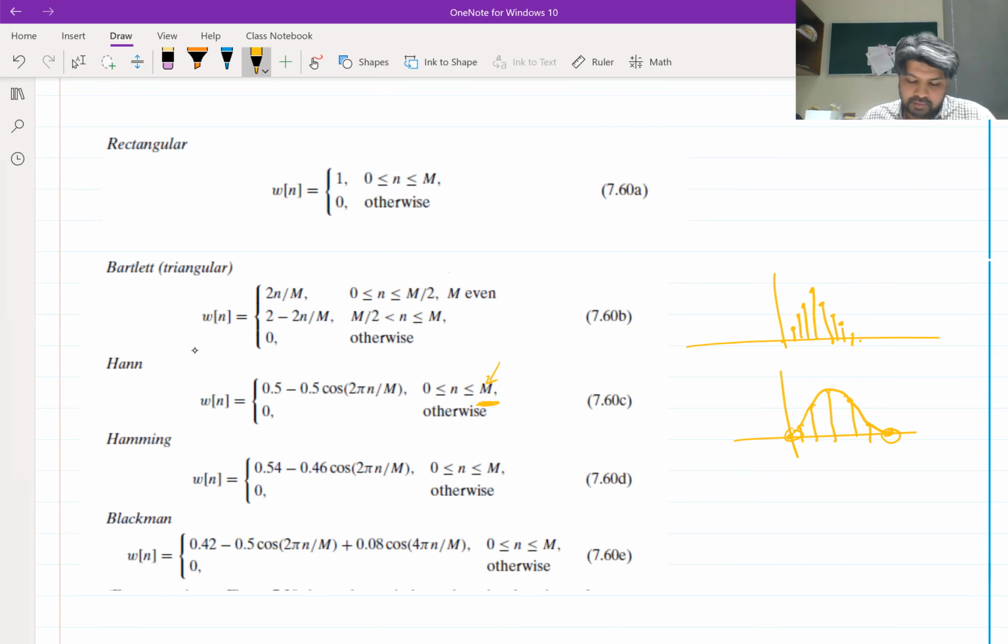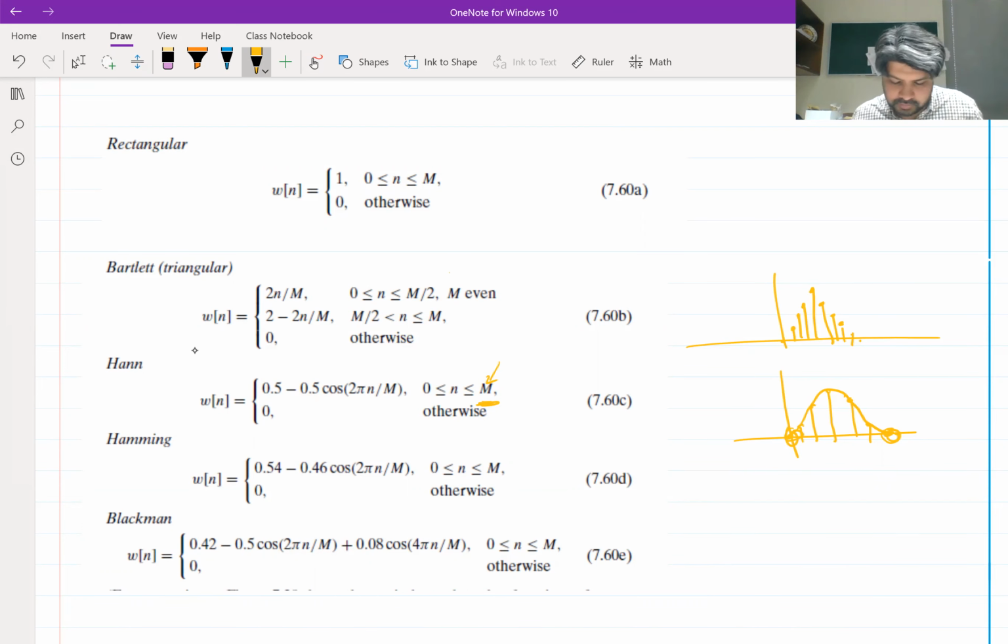So Hamming said that we can use a different weight vector. So 0.54 minus 0.46 cosine of 2 pi n over M, and that would mean that you would be making use of all the taps. So the first and the last tap would not be 0 anymore.